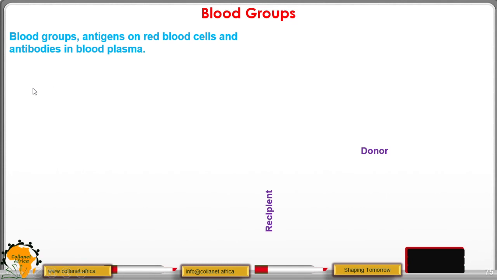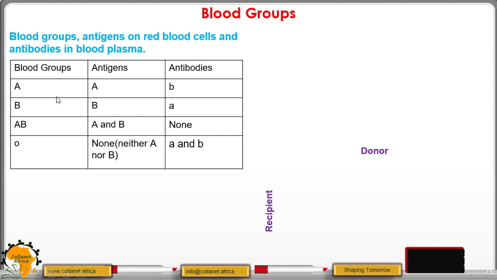So let us look at this table where we are looking at the blood groups, the antigens on the red blood cells, and antibodies in the plasma, to summarize what we have just discussed. So these are the blood groups, and we've said blood group A will have antigen A, but will have antibody b, not a.